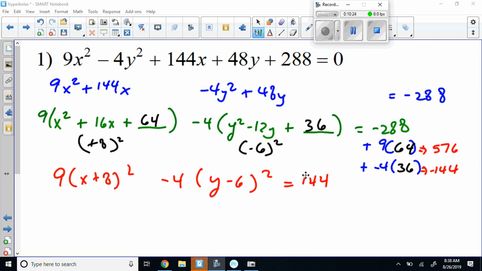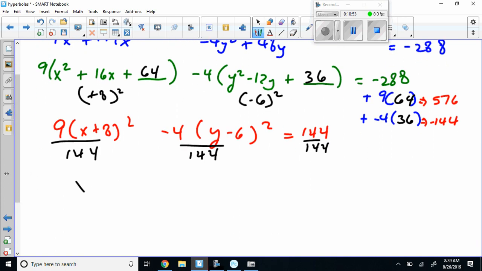Ladies and gentlemen, we got one thing left. What do you think it is? Yeah. Why do we have to divide it by 144? Your right side of your equation has to equal 1, right? Just like the ellipses, correct? Okay, so we'll divide both sides by 144. It should be something that 144 goes into, right?